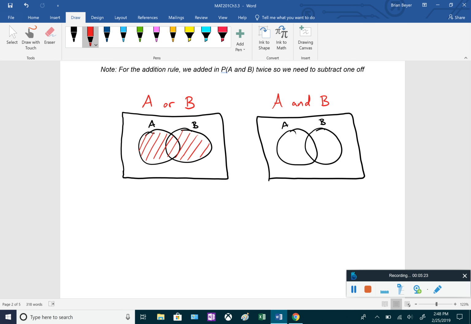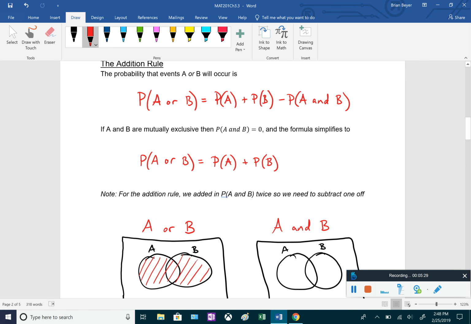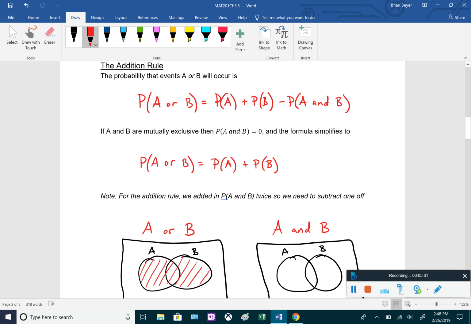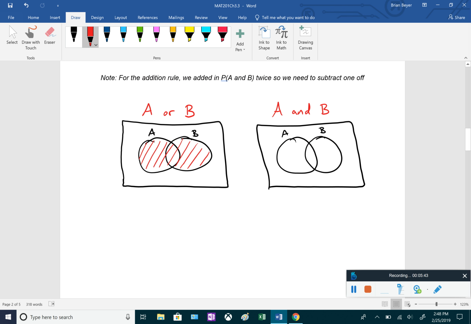When we're doing this probability formula with the addition rule, going back up to the top, when we're adding the probability of A plus the probability of B, both of those circles have that middle portion. So we are adding that middle portion in there twice. A and B, here on the right, is the middle part.